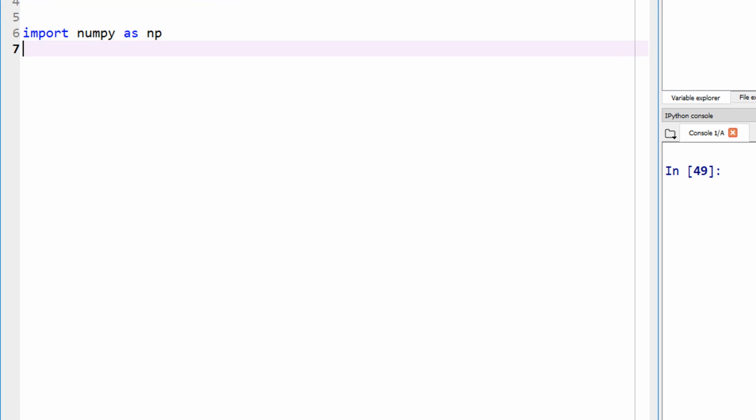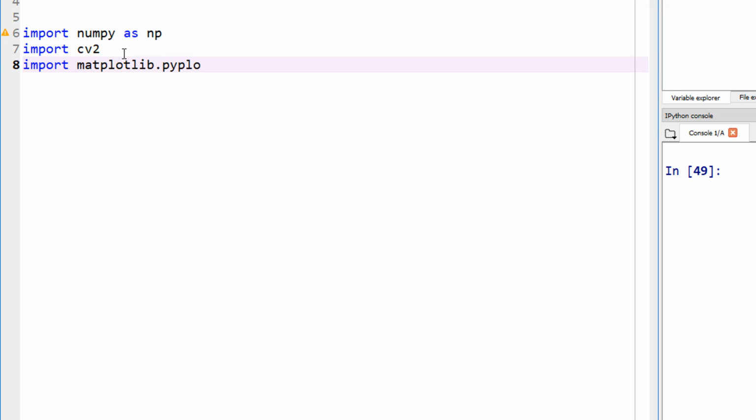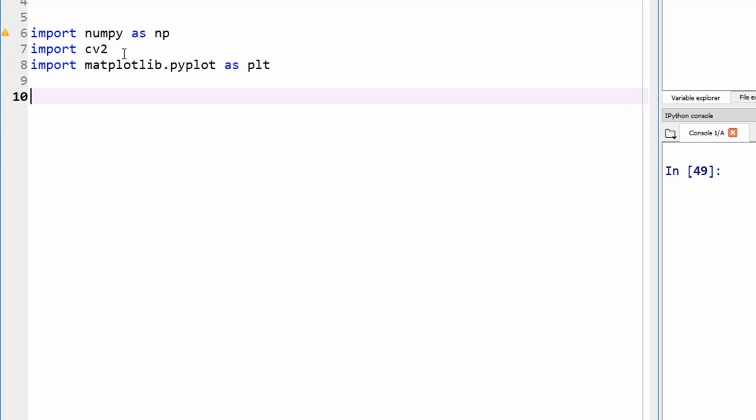And Gabor is in OpenCV, so let's import cv2, and let's also import matplotlib.pyplot as plt because I want to visualize the Gabor filter.